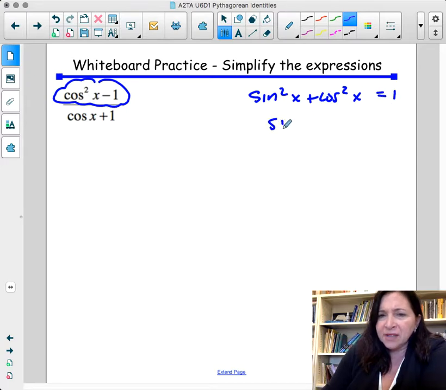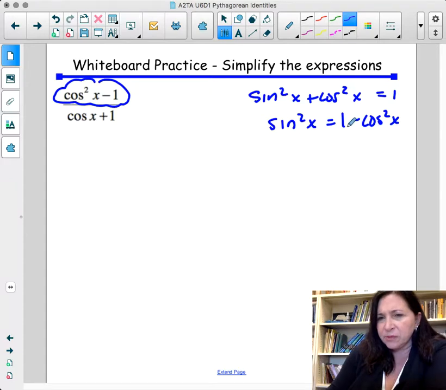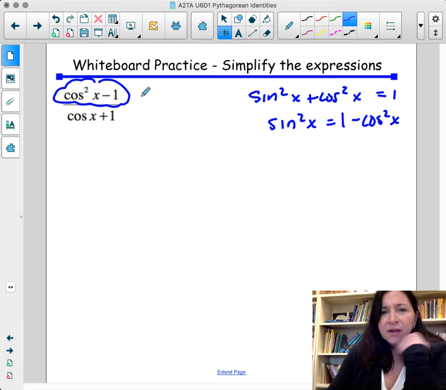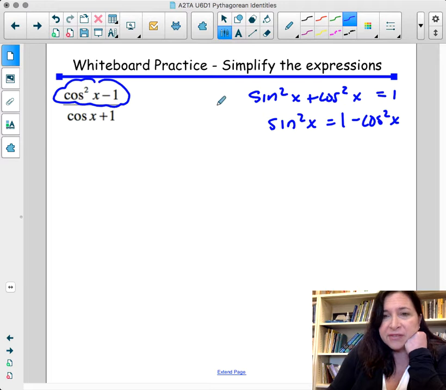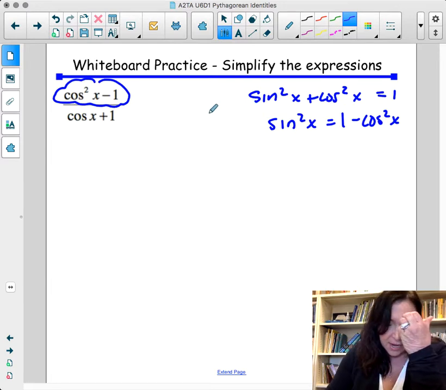So if I said sine squared of x equals 1 minus cosine squared of x, and I replace that, notice these are off. See this plus, that's minus. This minus, that's positive. And so these aren't exactly the same thing. So what we're going to do is not replace that and take the opposite, which is negative of that.